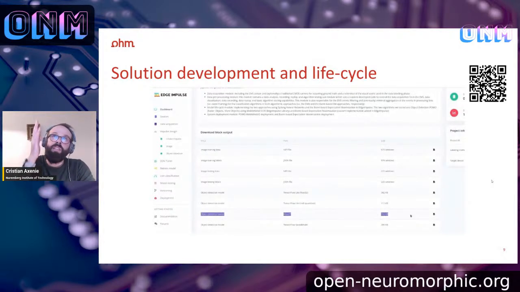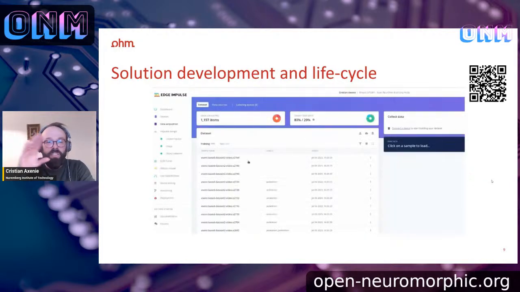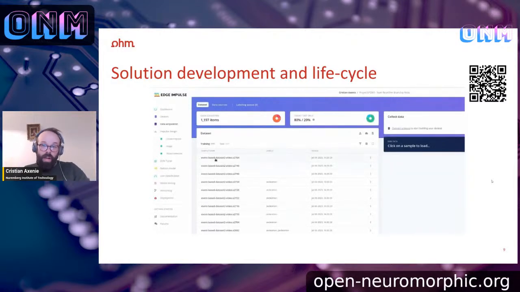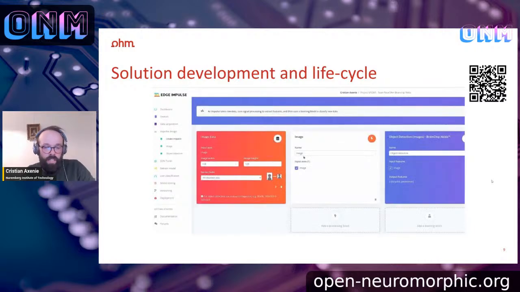What we've done, basically, we went into their online cloud API and built a pipeline for spiking neural network based detection. As for the details, the neural network that we used and designed in Edge Impulse is MobileNet V2, a fast object detection version of MobileNet.